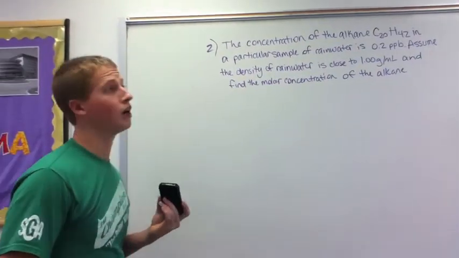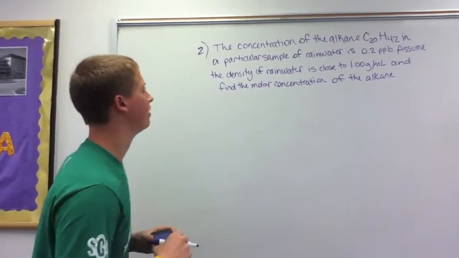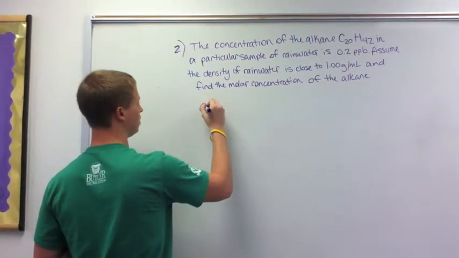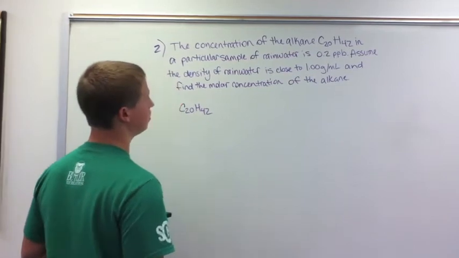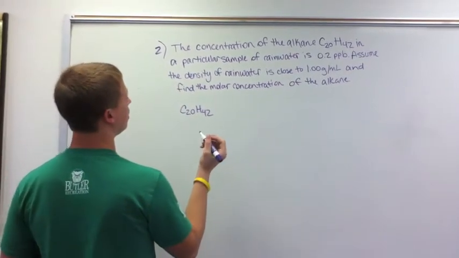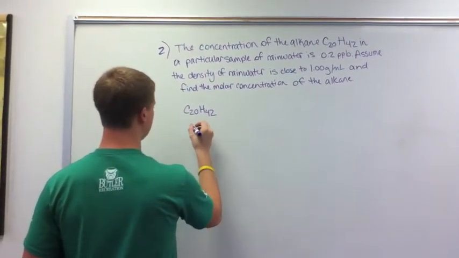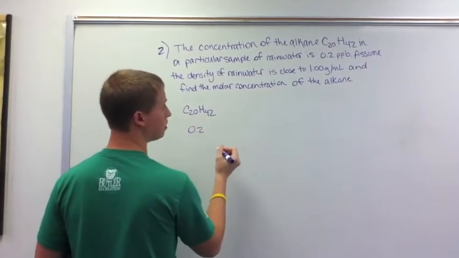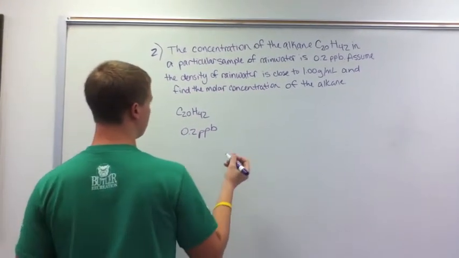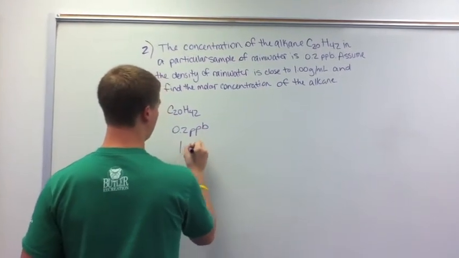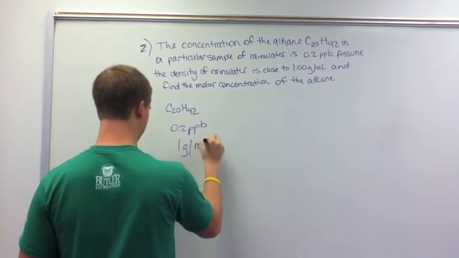First thing I noticed about this problem is they give you the given alkane, which is C20H42. It also gives you a sample of rainwater that is 0.2 parts per billion, and it has a density close to 1 gram per milliliter.